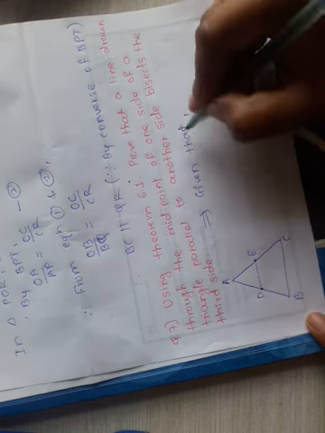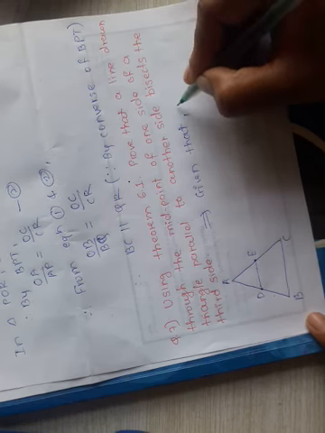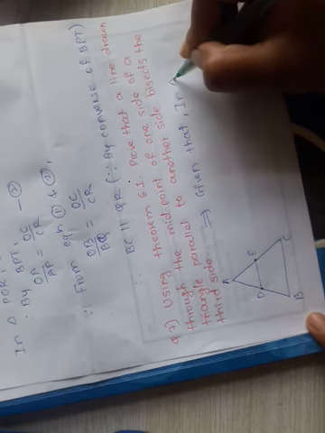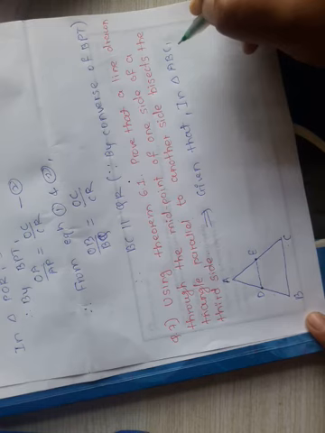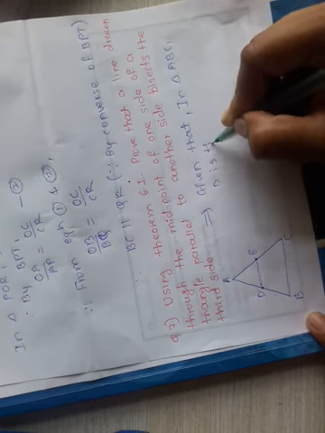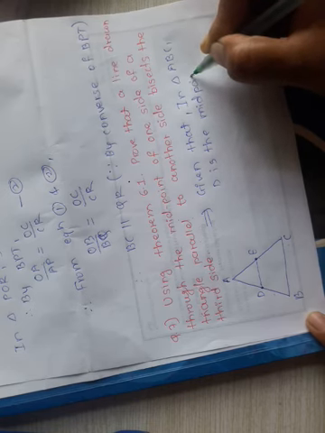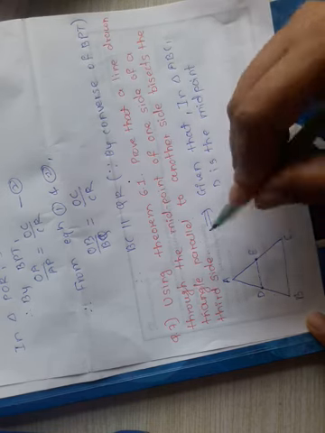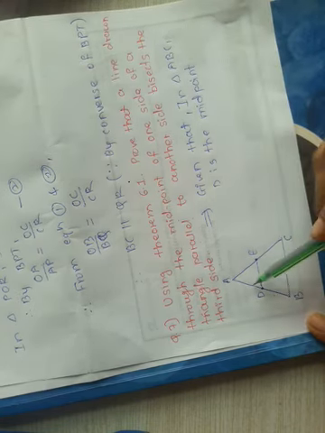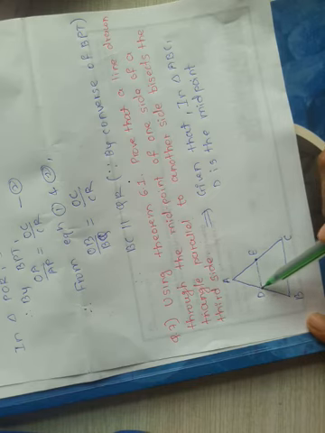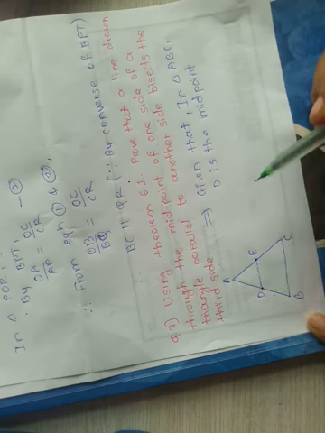Given that, so what is given to us? Given that in triangle ABC, D is the midpoint. If D is the midpoint, then you know very well, last year you have seen that this point D divides side AB into two equal parts, means AD must be equal to DB.